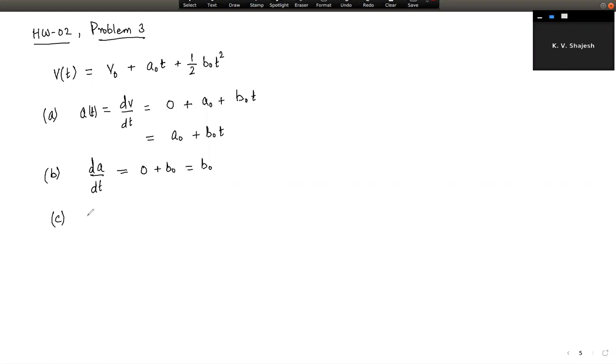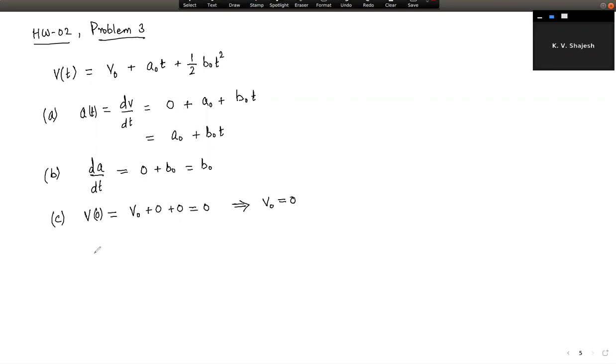So let's see, what does that mean? So velocity at time t equal to 0 is equal to, plug t equal to 0 in the function that we have given. So it's v naught plus 0 plus 0. And we are given that it is at rest at that point, so that's equal to 0. So that implies that v naught in this particular situation is equal to 0.